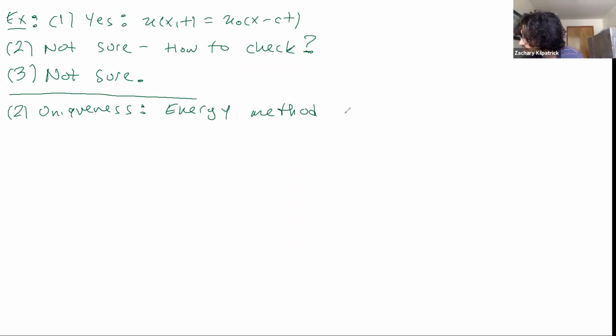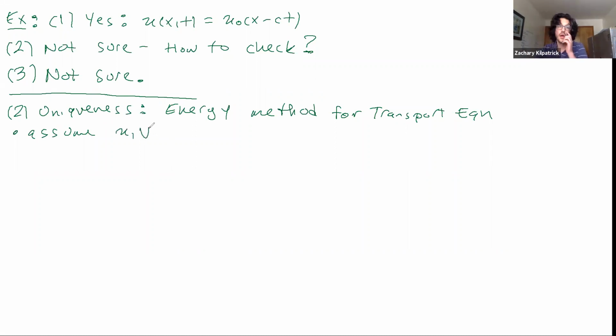And here we're going to do it for the transport equation, but we're going to do this over and over again for all of our linear PDEs that we come across. And this is the formula for doing that.